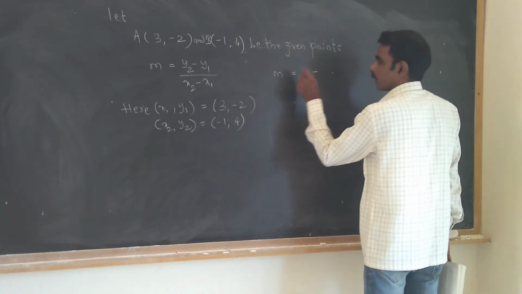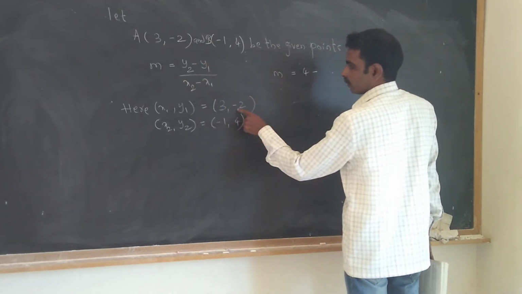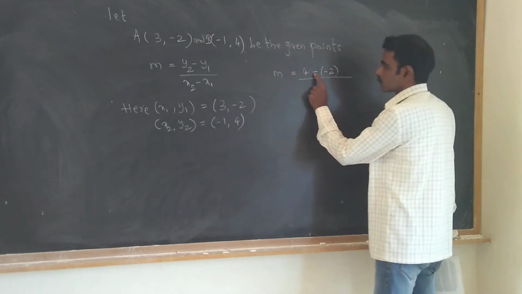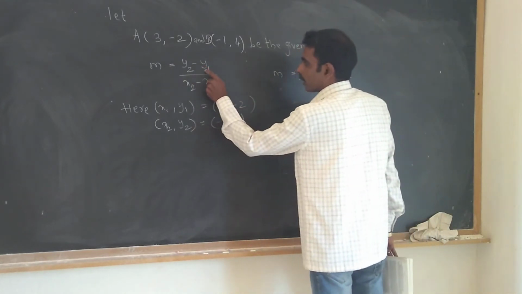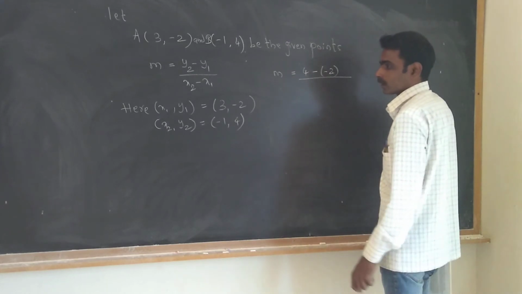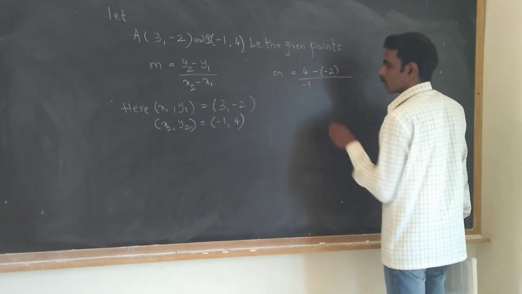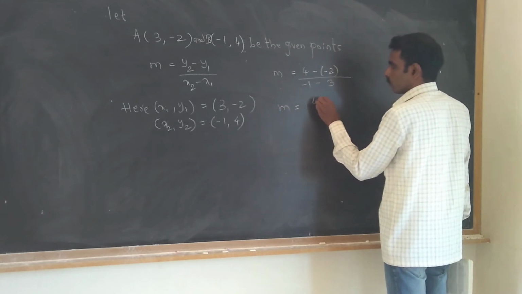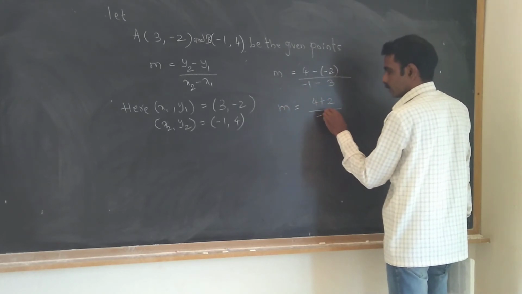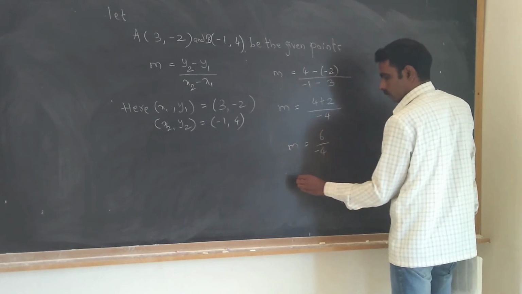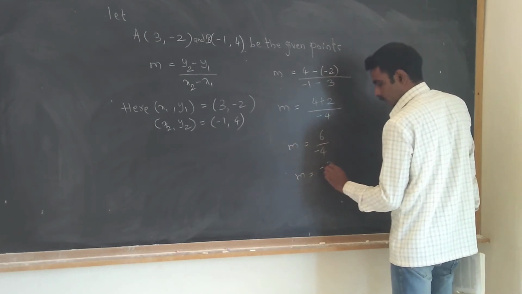So here m is equal to y2, which is 4, minus y1, which is -2, so it is 4 plus 2, divided by x2 minus x1, x2 is -1 minus 3. So m is equal to 6 divided by -4, so m is equal to -3 by 2.